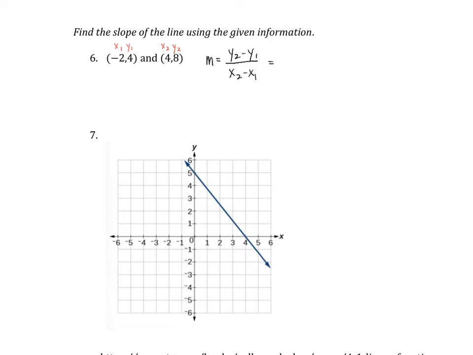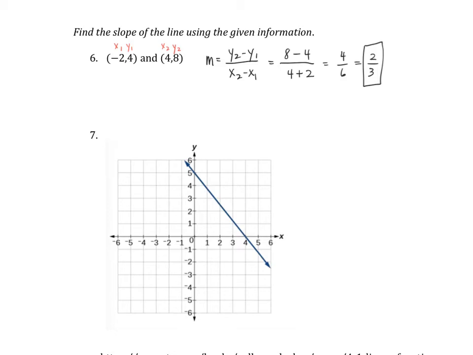So I'm going to have 8 minus 4 over 4 minus -2. That's going to end up making it 4 plus 2, so that's 4 over 6, which can reduce by 2. So 2/3 would be the slope. And that's all we need to do in that one. It just asked us to find the slope.